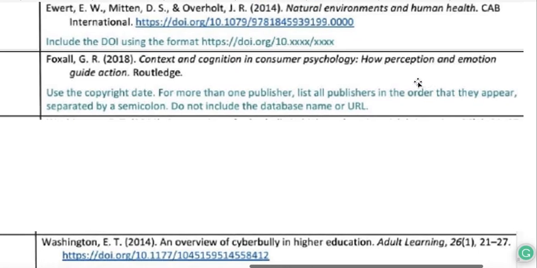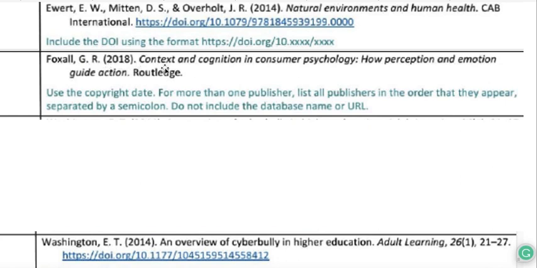For example, for the end references, when the book has no DOI, at that time the last name of the writer, comma, then the middle name initial with a dot, then the first name initial, and then comes the year.